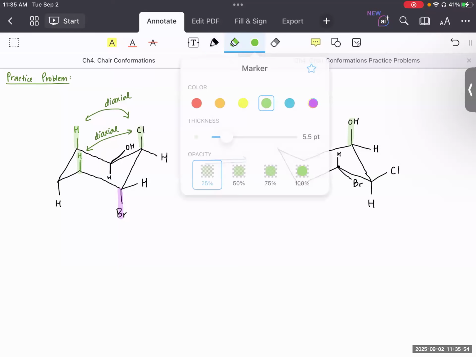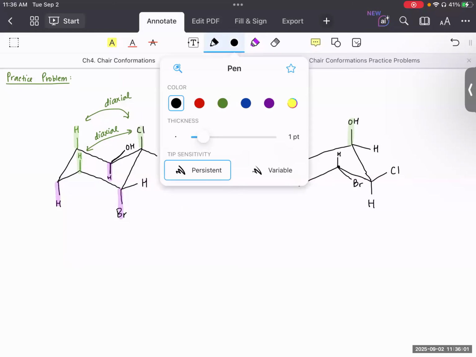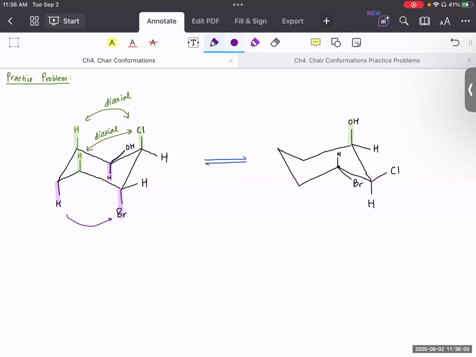I'll highlight those in purple right now: there's this hydrogen pointed down and this hydrogen pointed down, and those are the diaxial interactions that bromine has. Altogether, this structure on the left has hydrogen-bromine diaxial interactions, and specifically has 2 of them. It also has hydrogen-chlorine diaxial interactions.